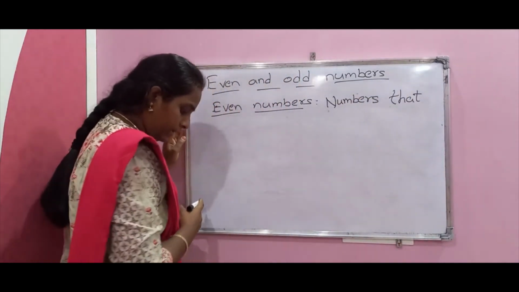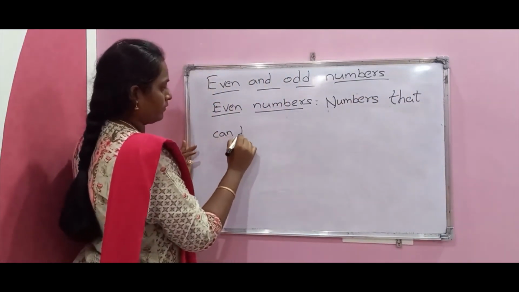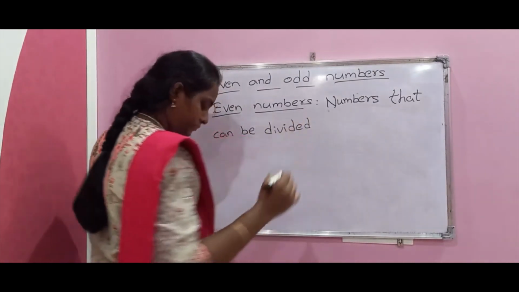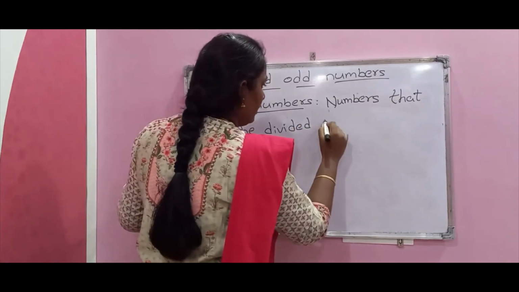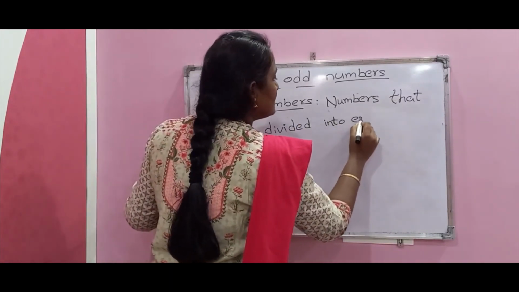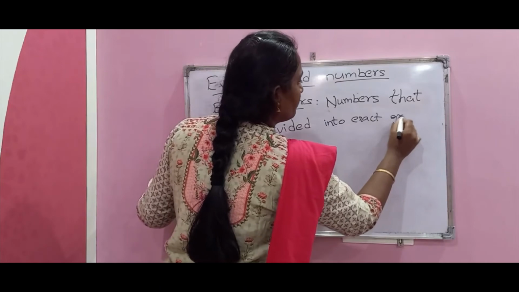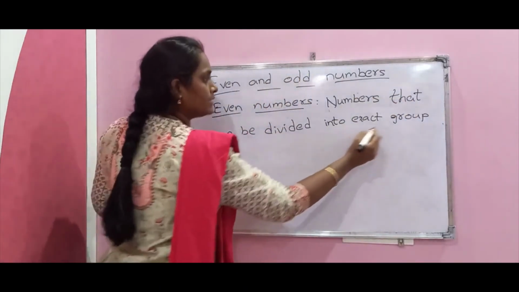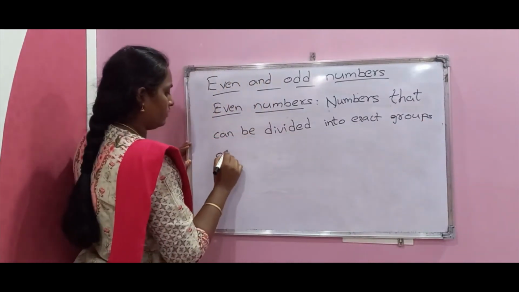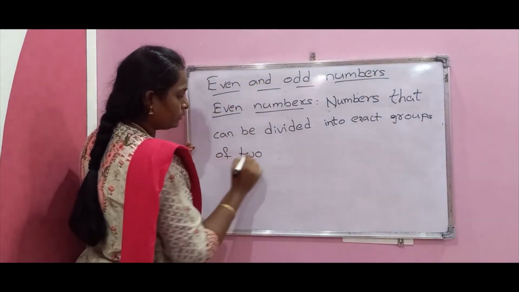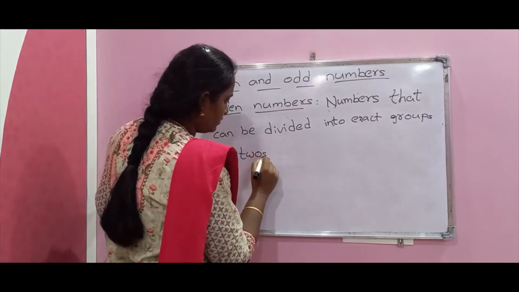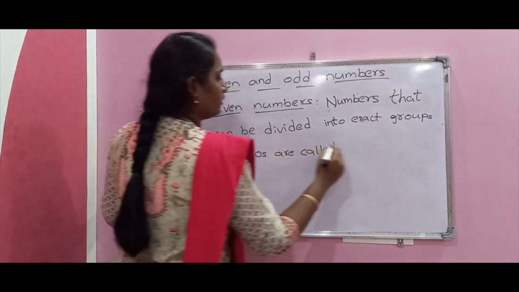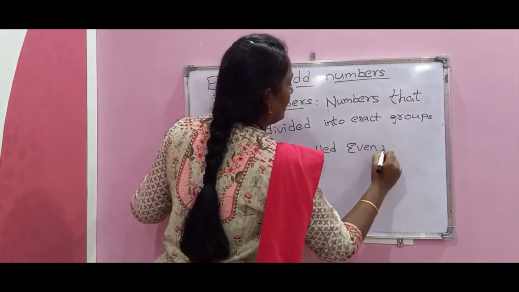Numbers that can be divided into exact groups of 2's are called even numbers.